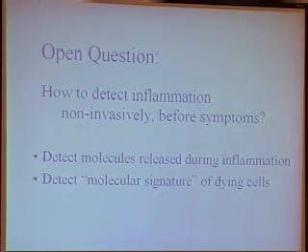So what we would like to do now is to find non-invasive ways of detecting molecules that are released during the inflammatory response. One of the molecular markers that we have begun to study are changes on the surface of dying cells. Dying cells expose negative charges on the surface of the cells. One can measure the presence of these negative charges non-invasively using techniques such as nuclear magnetic resonance.